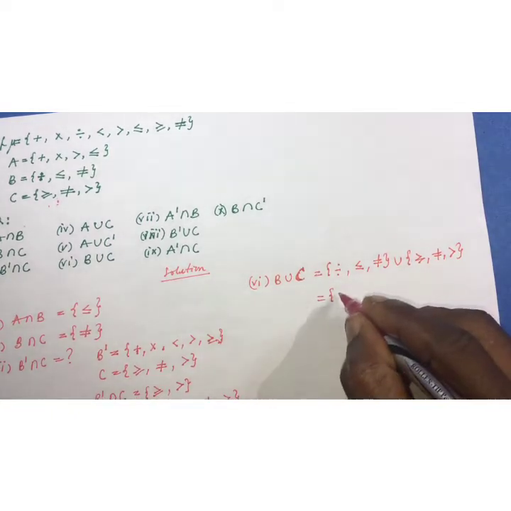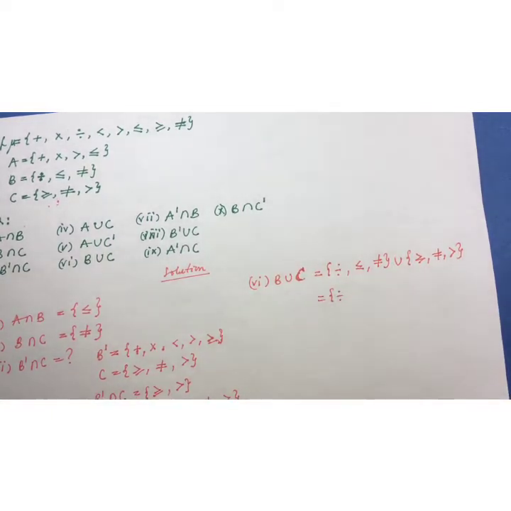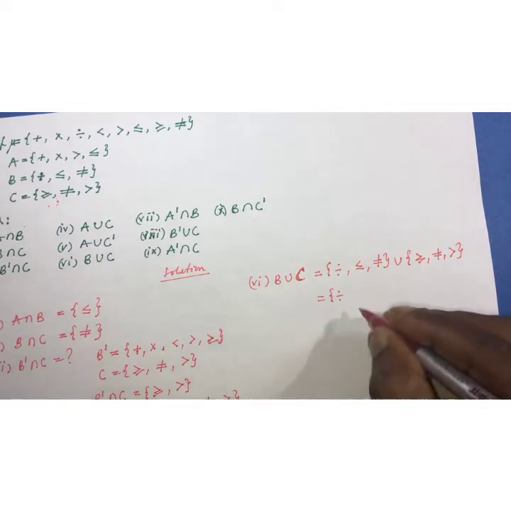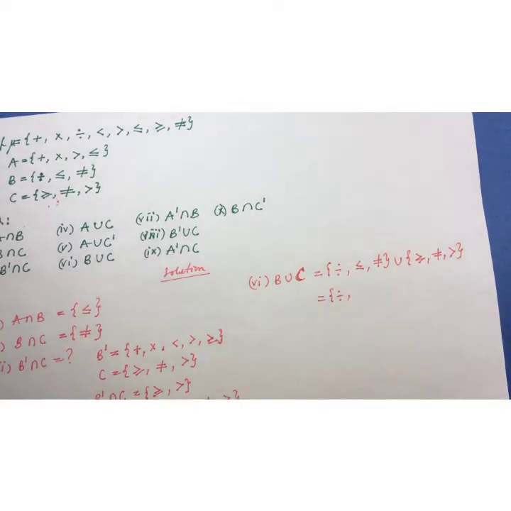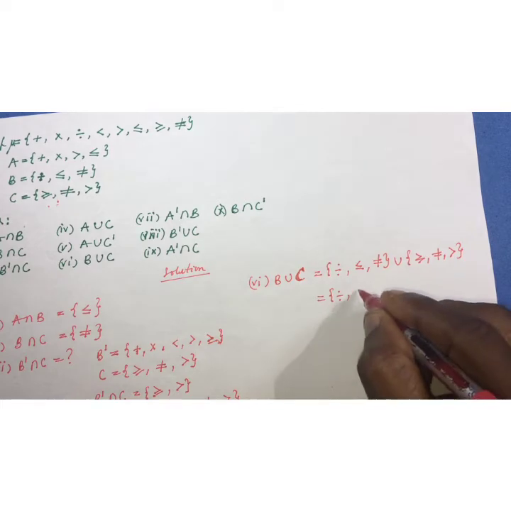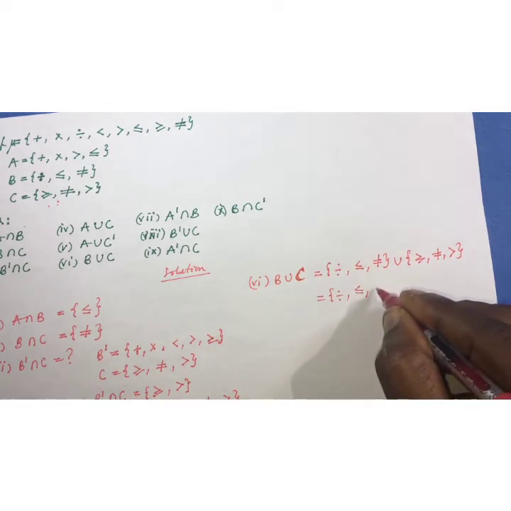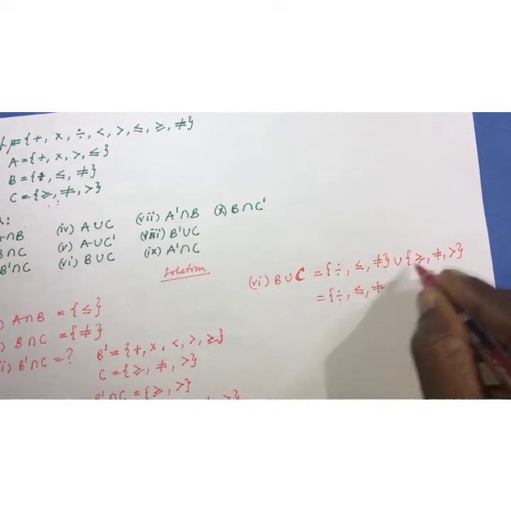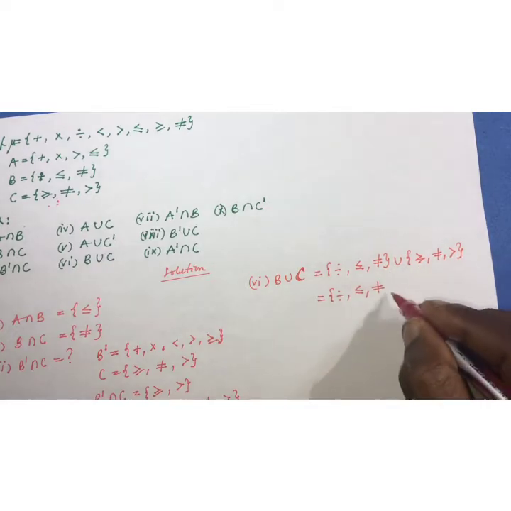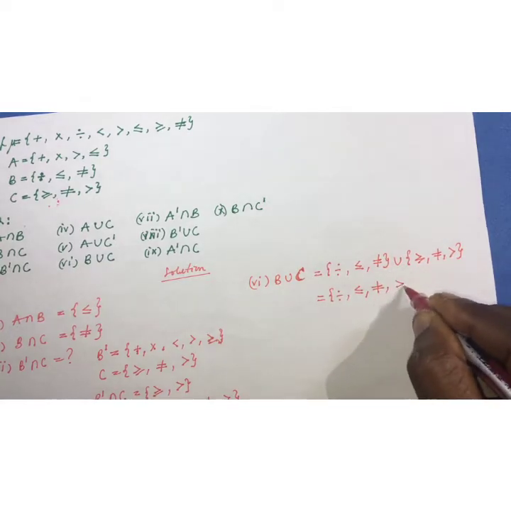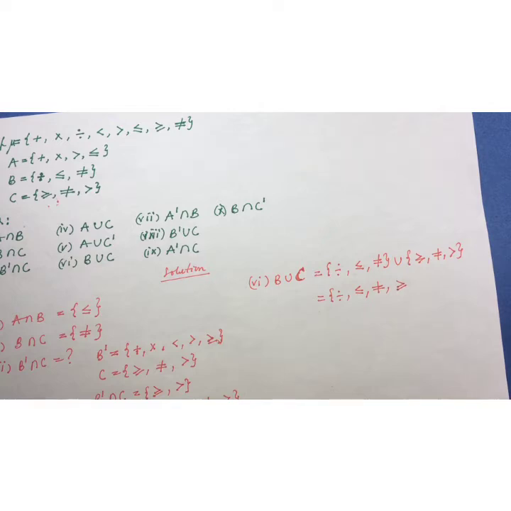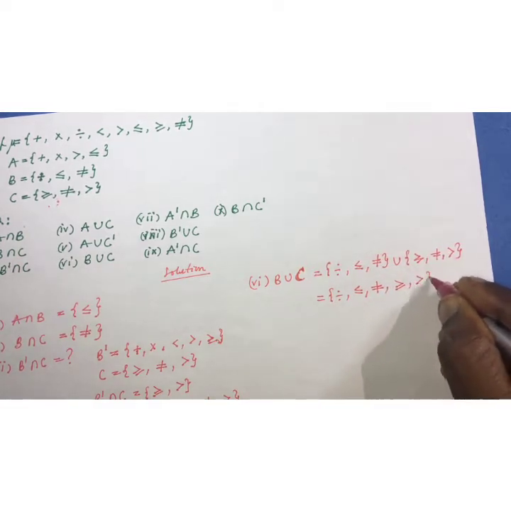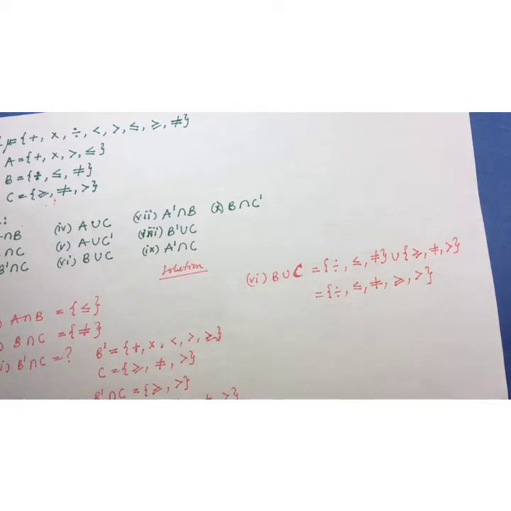That will unite to division, which is found only in B, is written out. Less than or equal to, I'm going to write it out. Not equal to, I'm going to write it out. It is found both ways, so I'm going to write it once. Then greater than or equal to, I'm going to write it out, because it is found only in one place. Then greater than. So this will give us B union C.